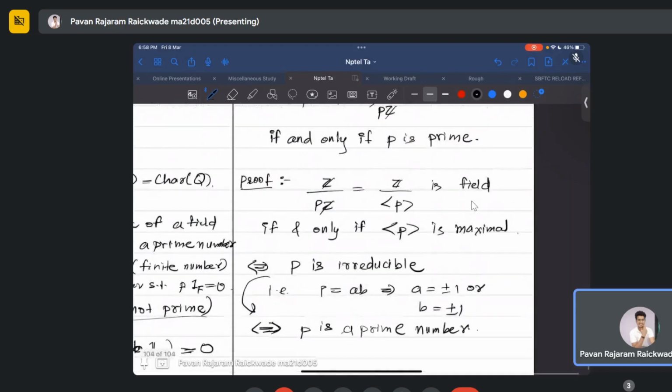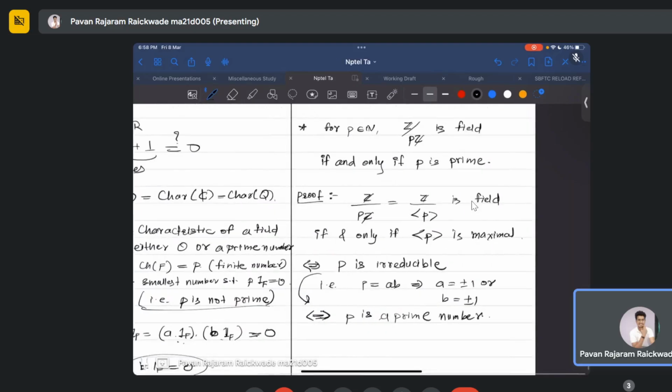That means what I have proved is Z_p is a field if and only if p is prime. So it's the basic application of ED, PID, and irreducible and prime elements. Now what will be the characteristic of this field? It will be p.